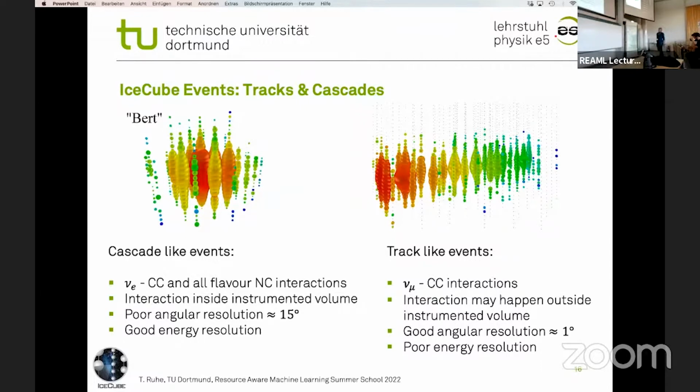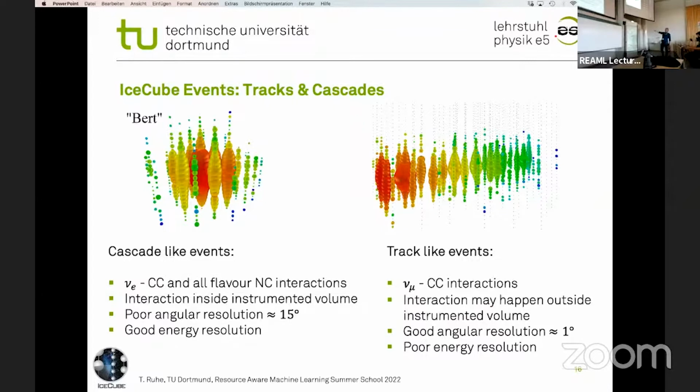In this case, the interaction may actually happen outside of the instrumented volume. So a muon can traverse relatively large amounts of ice without being fully absorbed or running out of energy. It will lose energy on its way, but depending on how much energy it had in the beginning, it might survive.